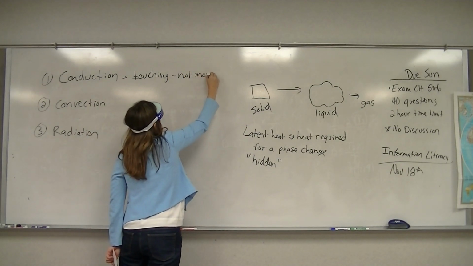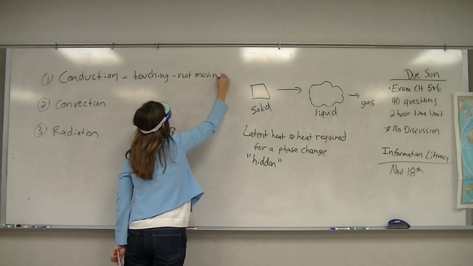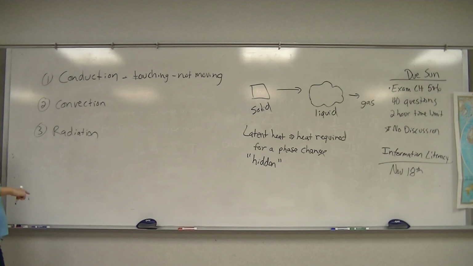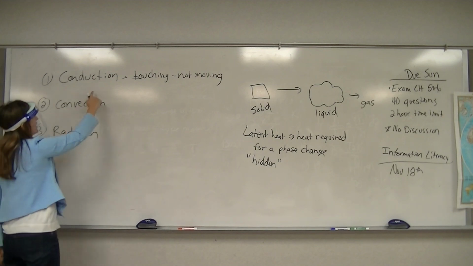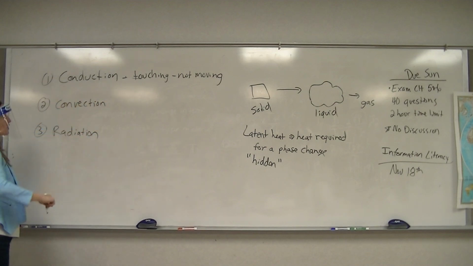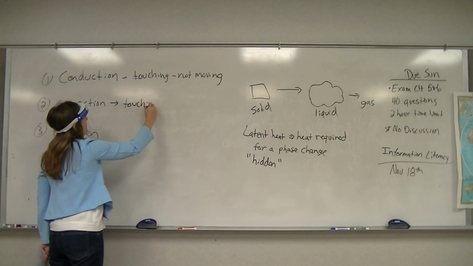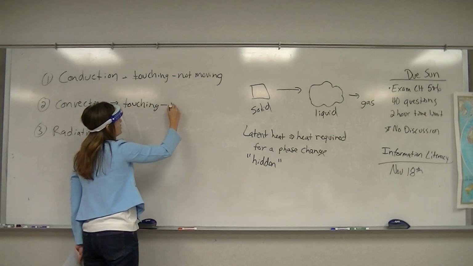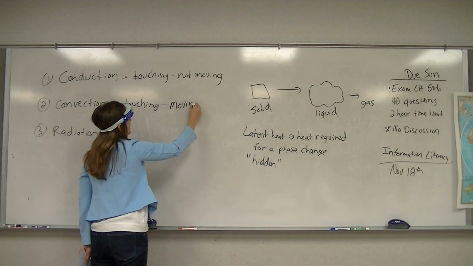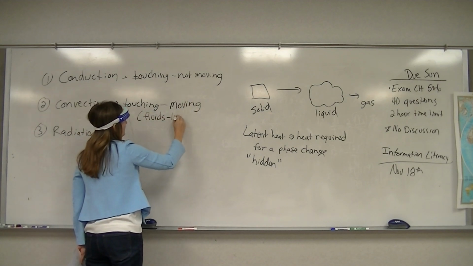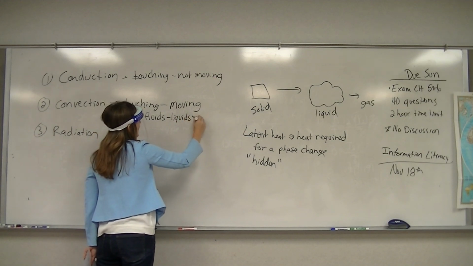And you can bet you'll probably see 2 to 4 questions talking just about these. Okay, so you need to know the aspects of them, the definitions of them, and apply them to actual situations. So touching and not moving. So heat transfer with touching and not moving. Convection, also touching, but the objects or the molecules are moving. We often see this with fluids. And by fluids, I mean liquids and gases.